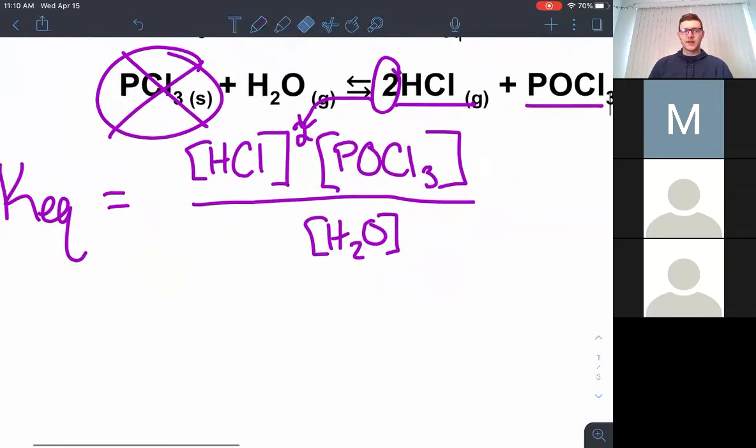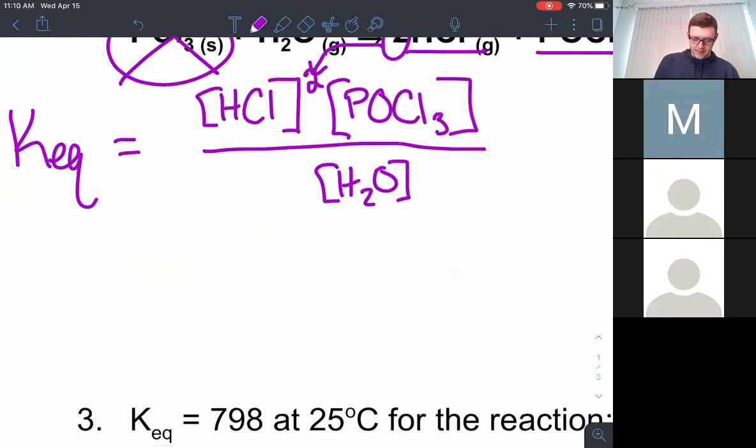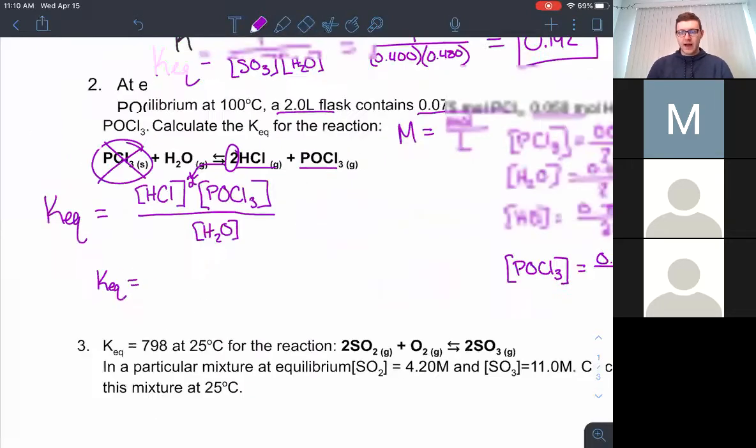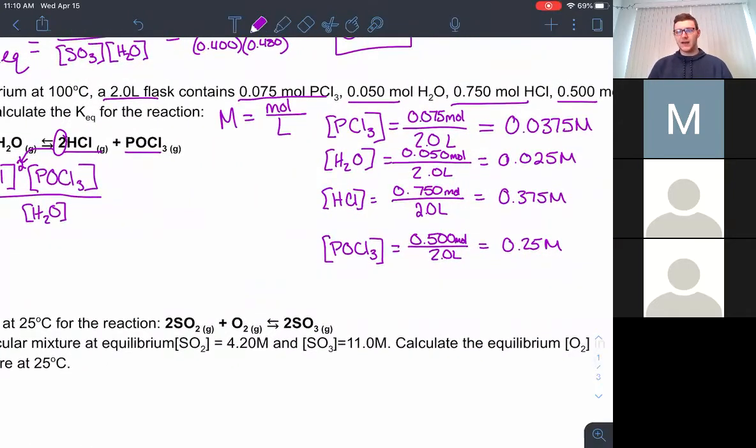So now that we have our expression for our equilibrium constant, we can plug in our values to solve. We have KEQ equals the concentration of HCl, which we found to be 0.375.